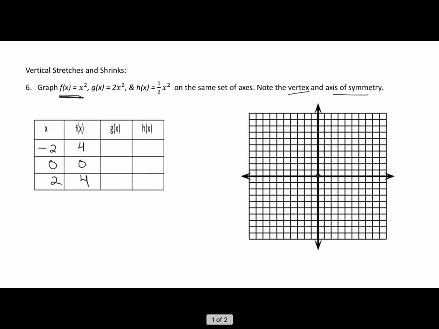And it has this shape with the vertex at 0, 0. So 0, 0 is the vertex. The axis of symmetry then is going to go through the vertex at x equals 0.